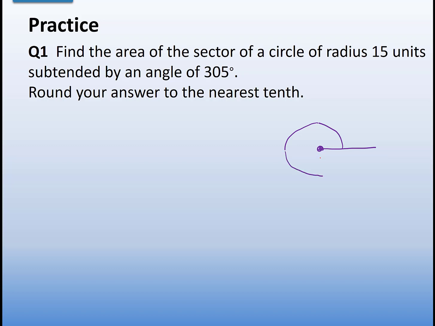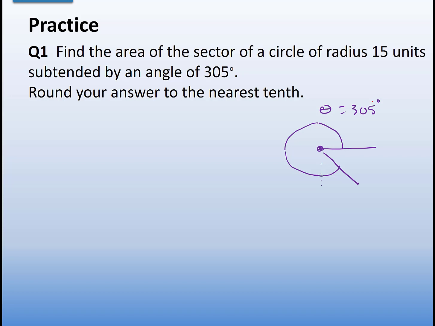If I go all the way around, that's 360. That's too far. So 270 plus 35 more. So that's about like that. So this is my theta up here. It is 305 degrees around.